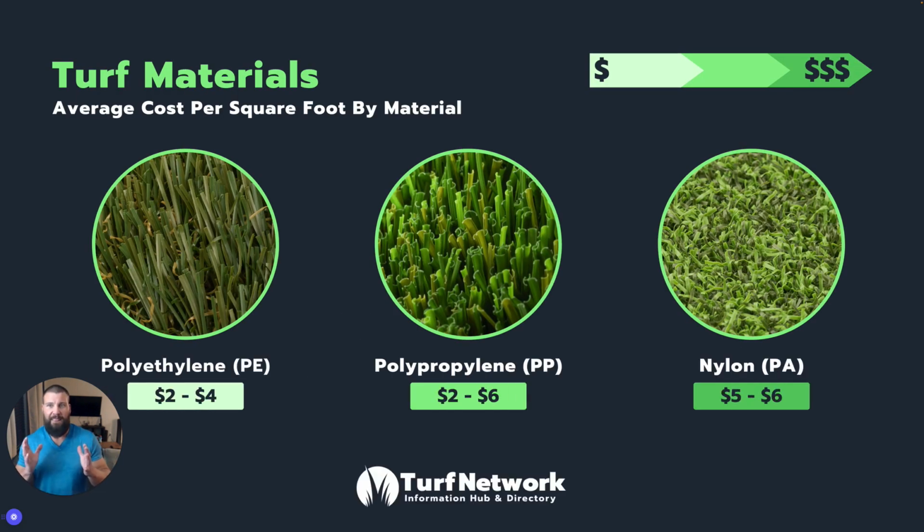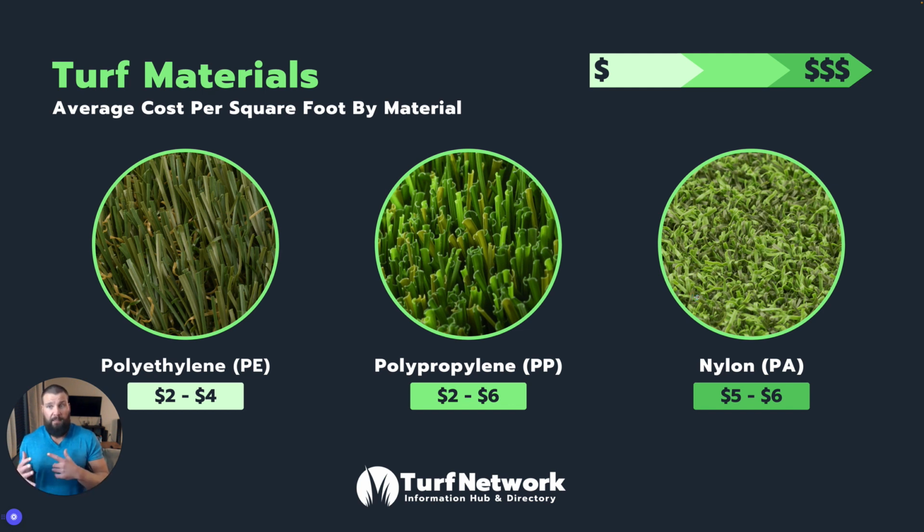So the cost per square foot for different materials, namely polyethylene, polypropylene, and nylon, which I have pictures of on the screen right now. Polyethylene is the lowest cost option. Polypropylene is middle, and nylon is the most expensive.